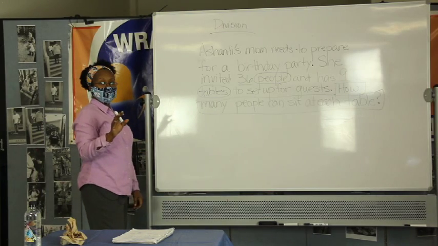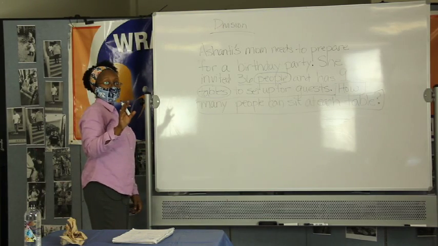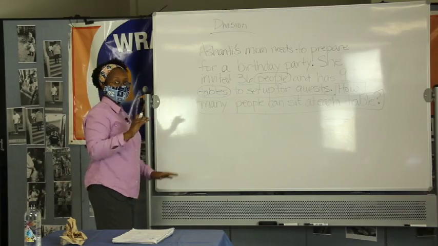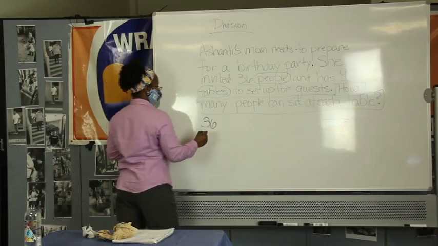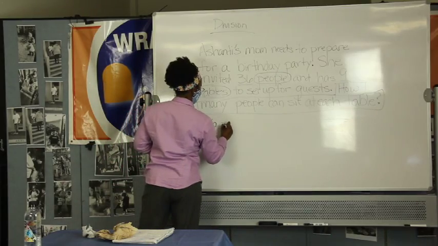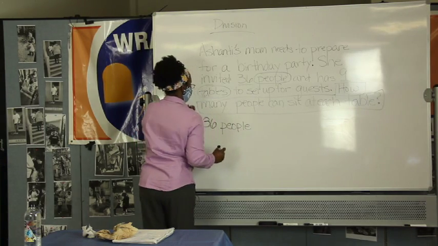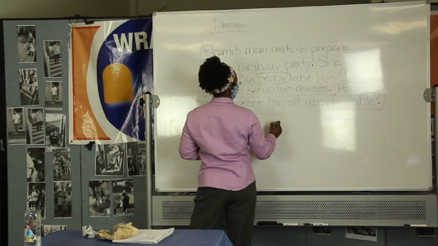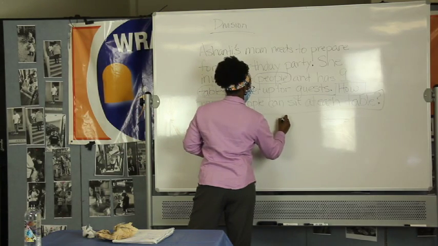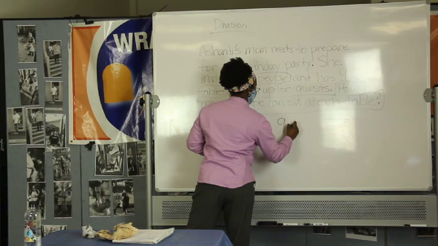Now we could do a drawing, but we're trying to stay away from that because we're a little bit more advanced. 36 people, and you have to divide 36 people amongst the 9 tables.